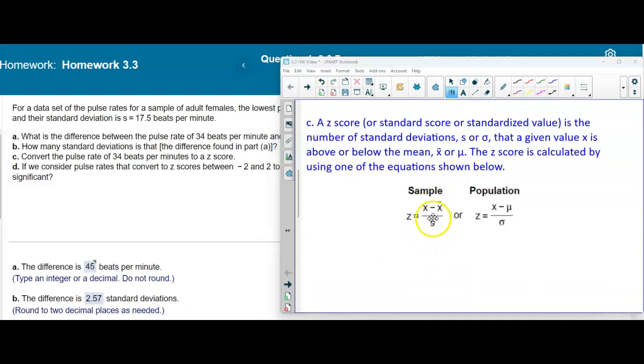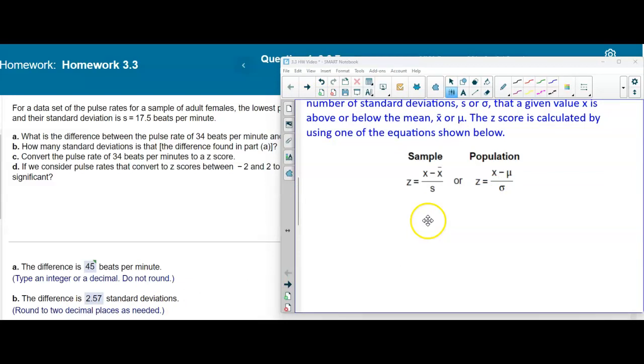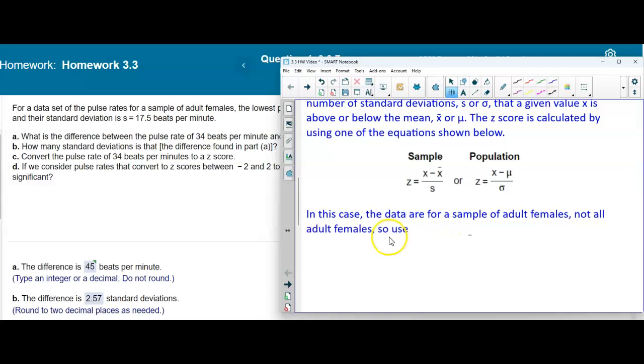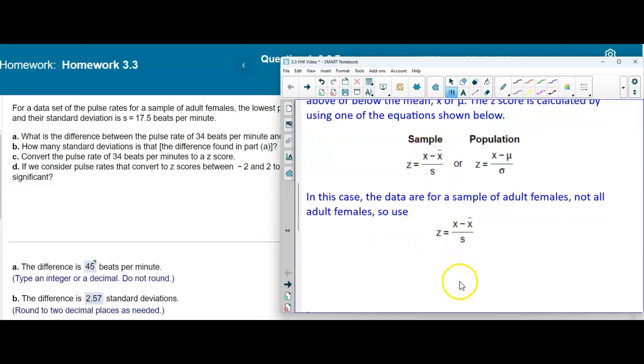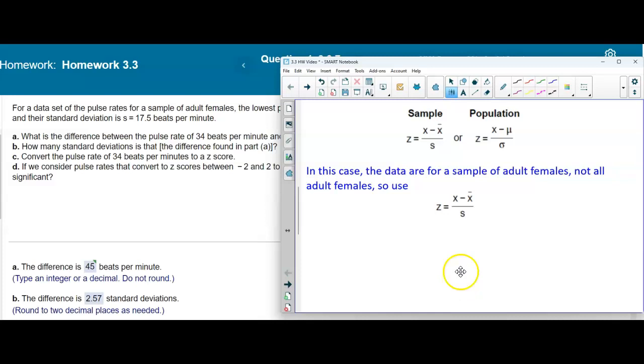So here's our sample z-score formula, our population z-score formula. Now in this case, the data are from a sample of adult females, so not all adult females, so we're using the sample formula.